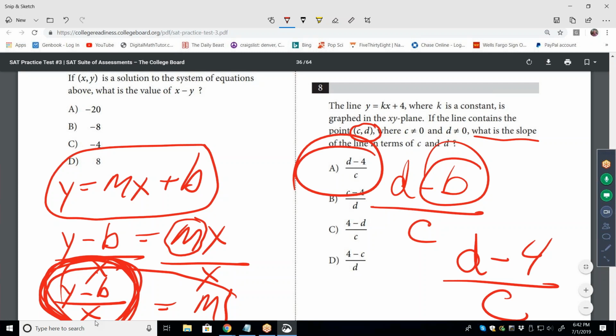So, this is actually another really tough problem. This is not an easy problem, even though it's number 8. It requires that you be able to solve an equation, which we had to do to get m. But then once we get m is equal to y minus b over x, we have to know that because the line contains the point c comma d, you can substitute c for x and d for y.